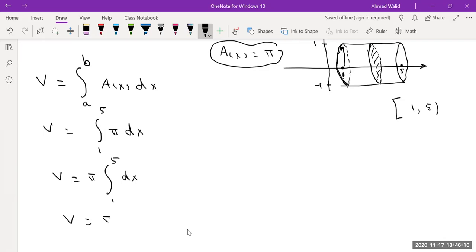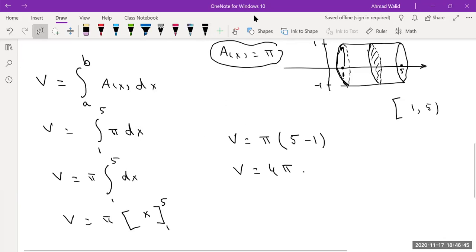Which gives V equals pi times x, from 1 to 5. If you plug in the values, then V equals pi times (5 minus 1), correct? Or V equals what? 4 pi. That was a simple example for this part, correct?